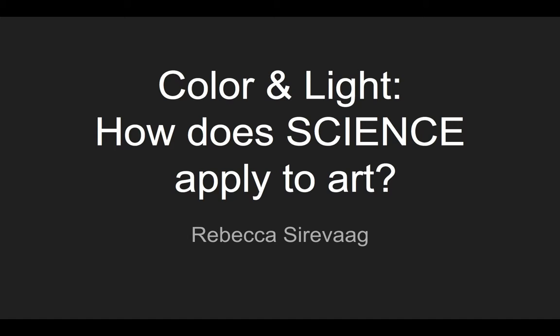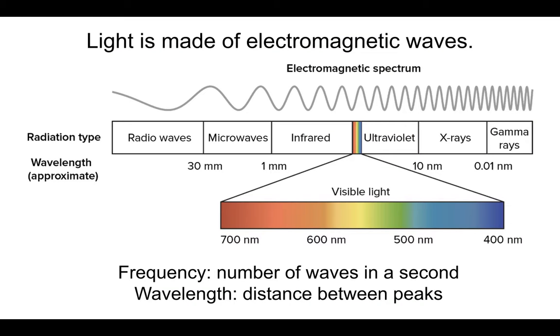So, first thing I want to talk to you guys about is the electromagnetic spectrum. I know that when you think about light, you probably, just like me, think of what you see around you in the light. But the light that our eyes can actually see is just the beginning.